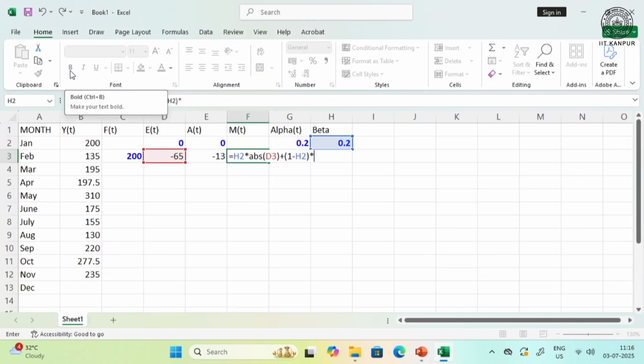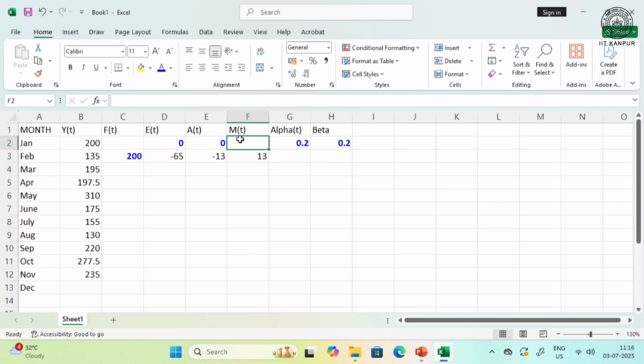So mt minus 1 has to be given from here. I will consider it for the time being as 0.